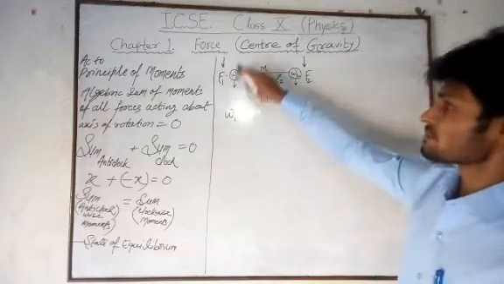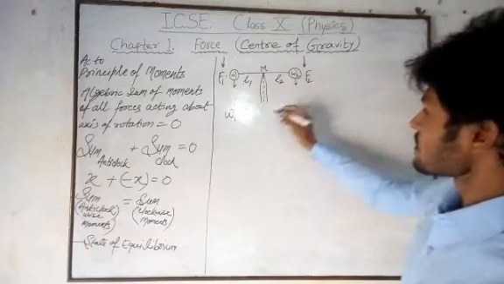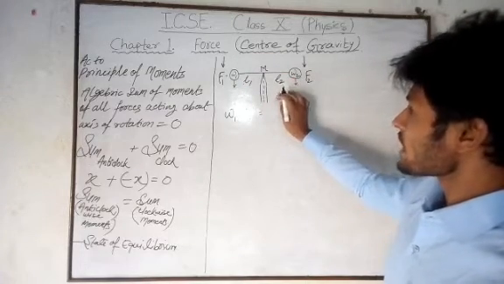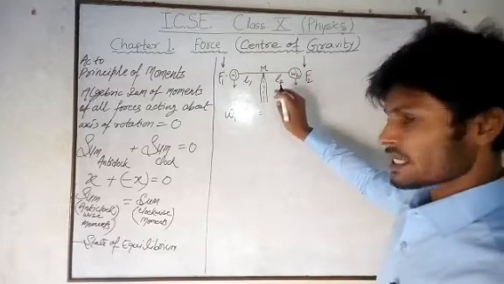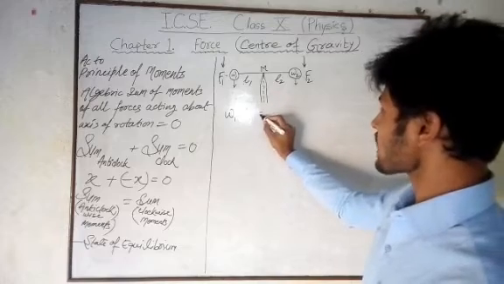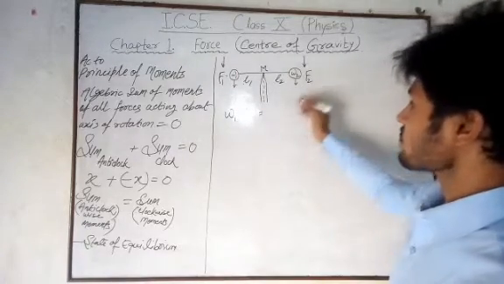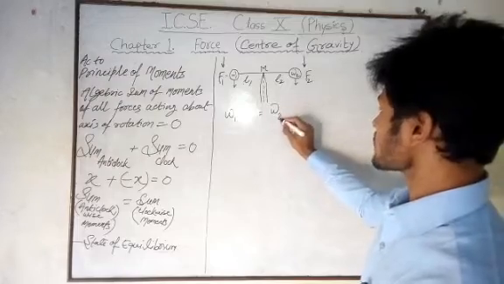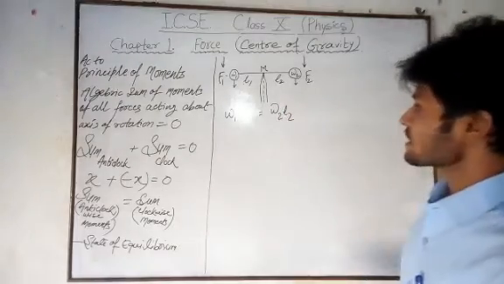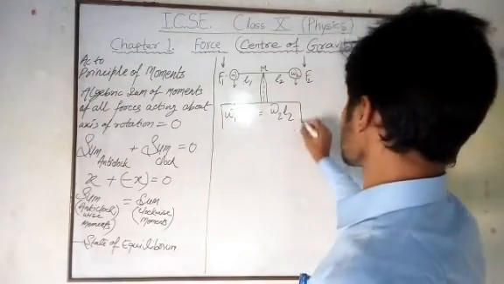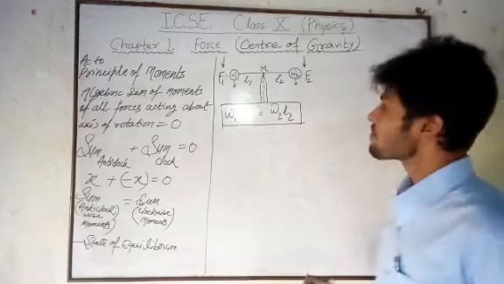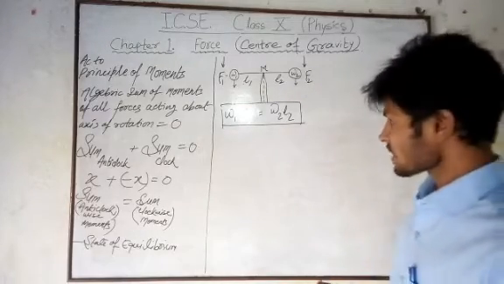Here W1 is the force. Similarly, if the body is in the state of equilibrium, then the anticlockwise moment W1 into L1 is equal to the clockwise moment, that is W2 into L2. This condition will arise if the body is in the state of equilibrium.